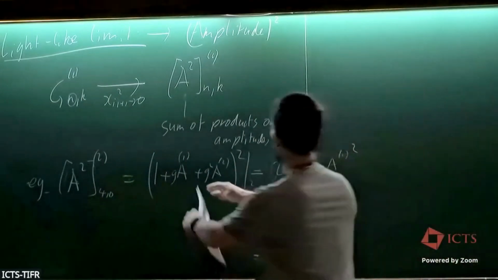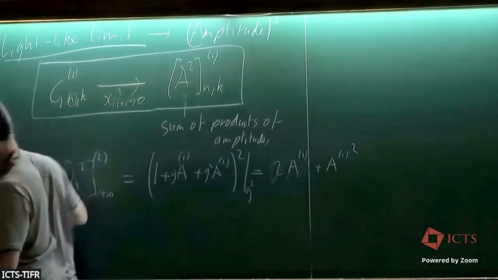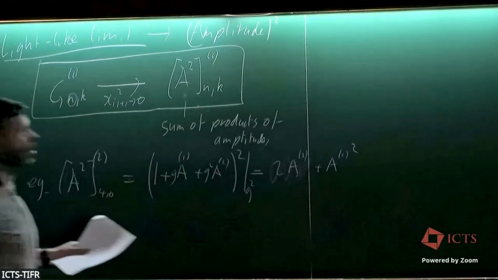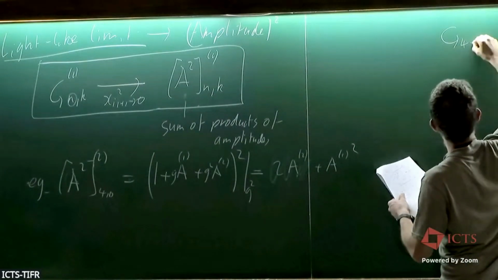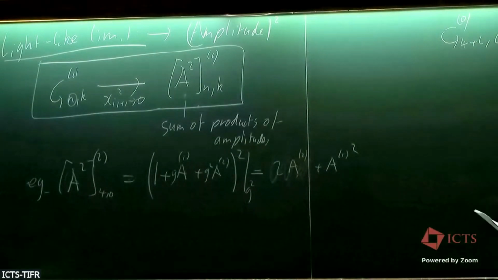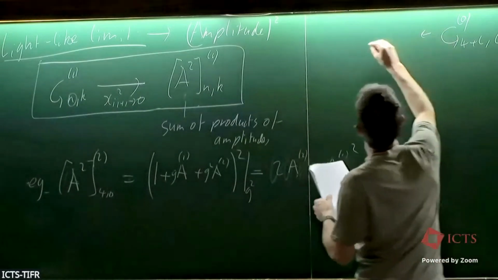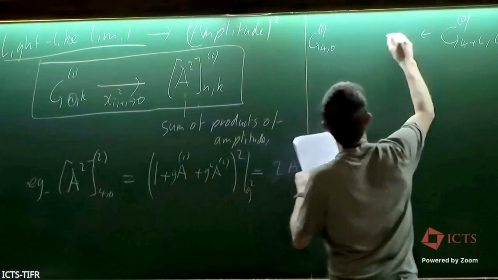And I get more and more products. That's what this is giving me. But I've also got this relation here. So what do these two things together imply? They tell me that if I take a correlator of 4 plus L points and L, well, I'm using this notation now, this contains within it G4, 0, L. It also contains several other things.